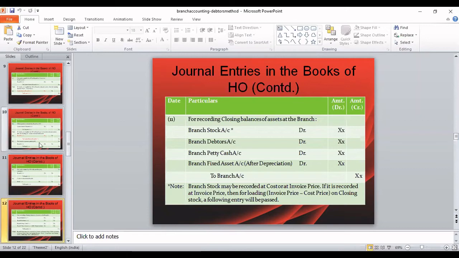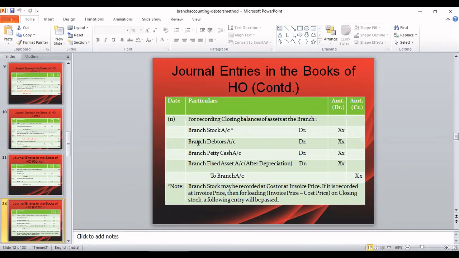When you are recording all closing balances of assets, for that we have to pass this entry. If you remember, the first entry for opening was branch to all assets, na beta? At the time of closing we have to reverse the entry. That means all assets account debit to branch account, this entry we have to pass.